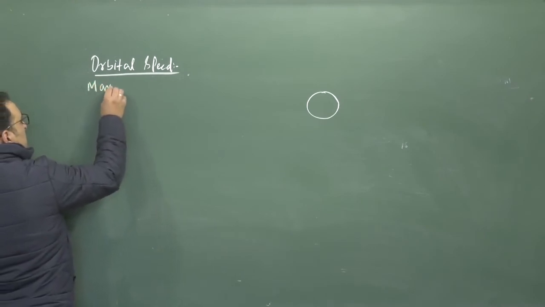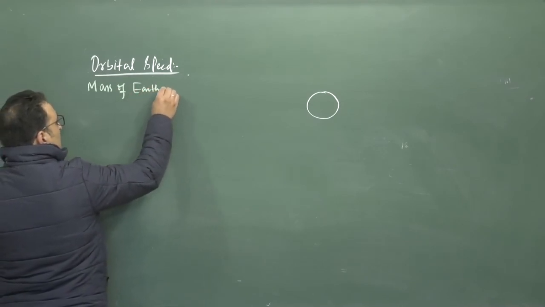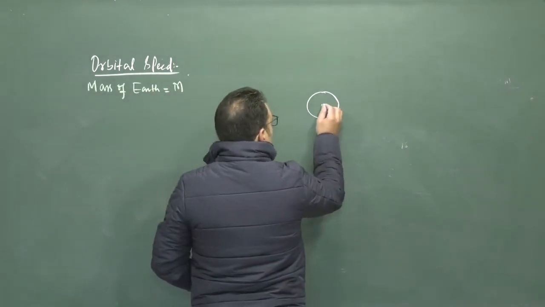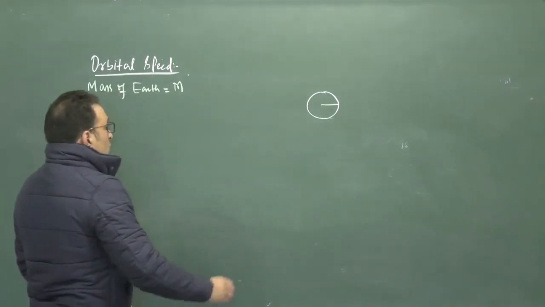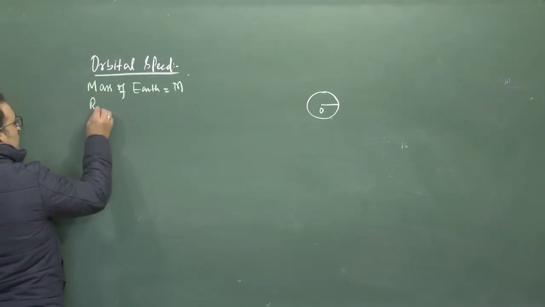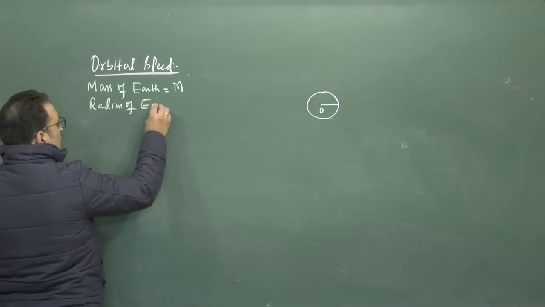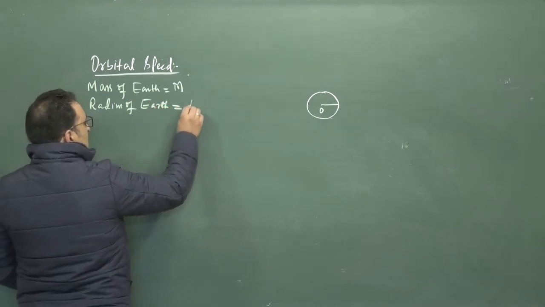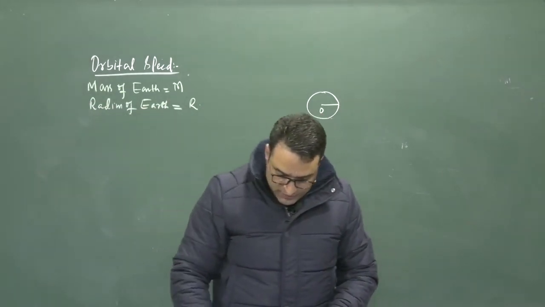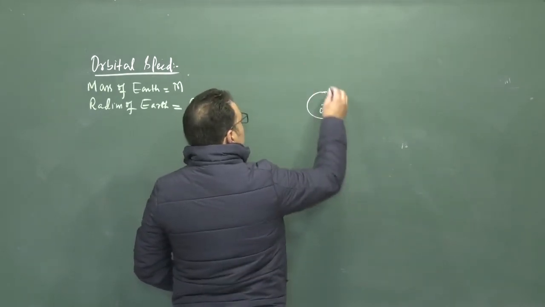Let me write the parameters as mass of Earth, this is M, with center O. Now, radius of Earth is R. Suppose the satellite is revolving around the Earth in the circular path.